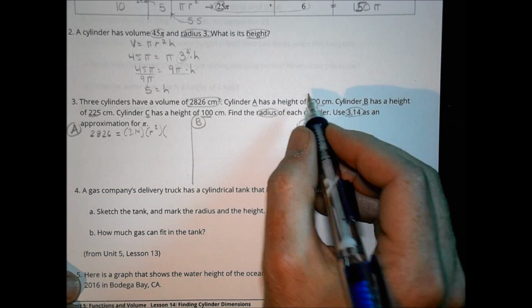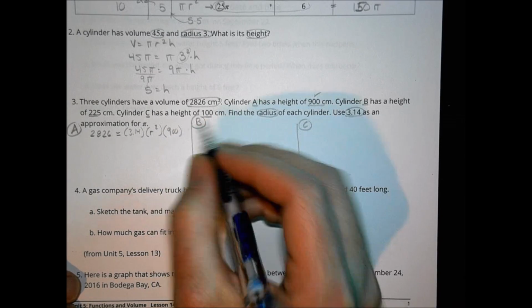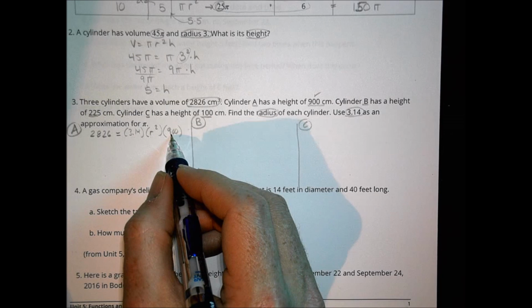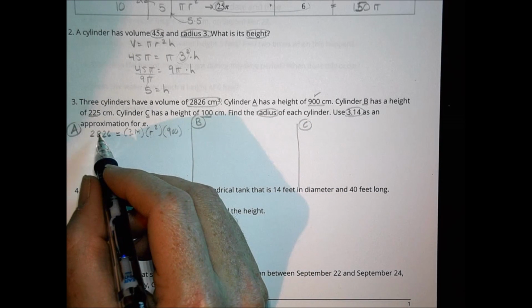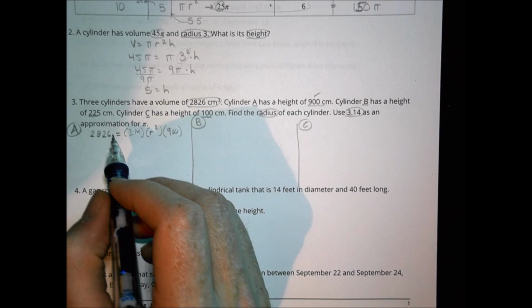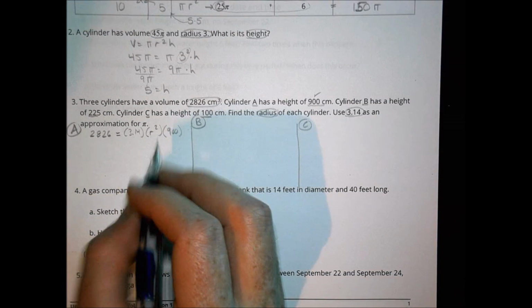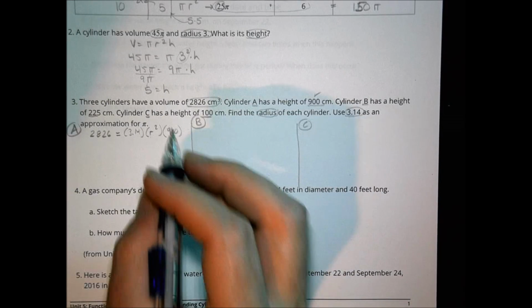And for A, the height is 900. So all we did is we took our formula, pi r squared h, and put in the numbers that we do know and set it equal to the volume that's given in this case, 2,826. So now what I want to do is multiply some things together and get some things separated to find out what r is going to be.